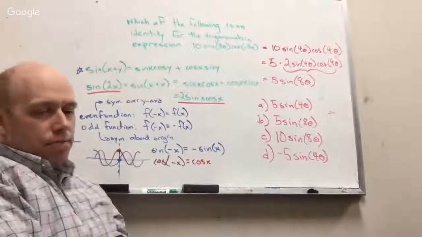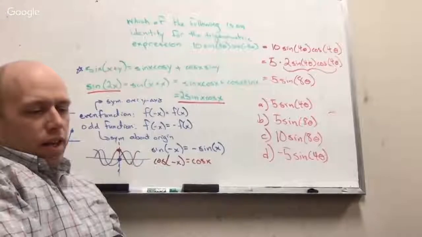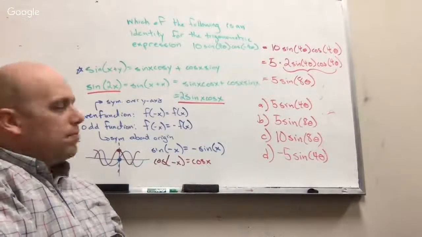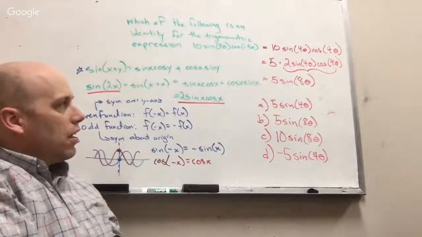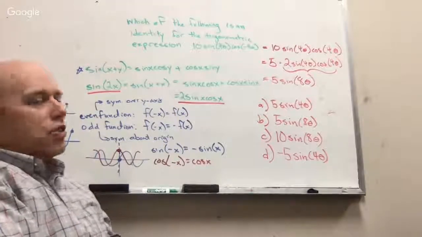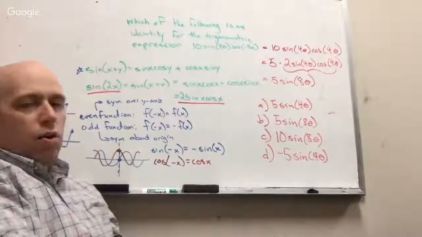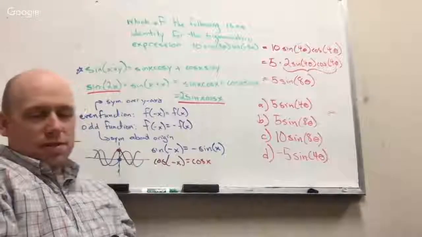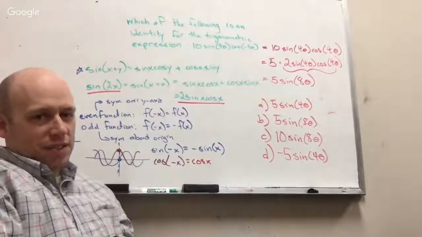Now, there is another possibility here. If you're not sure, you can always try angles and see which ones match up, since you have a multiple choice. This is the workaround for a multiple choice test.